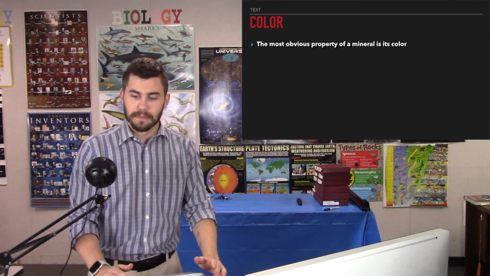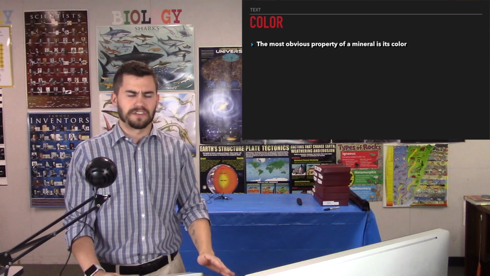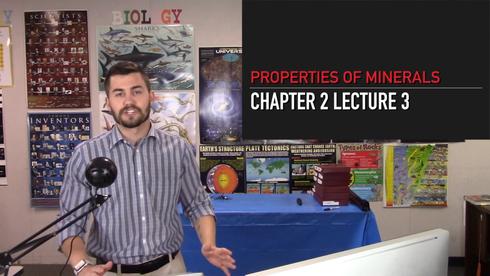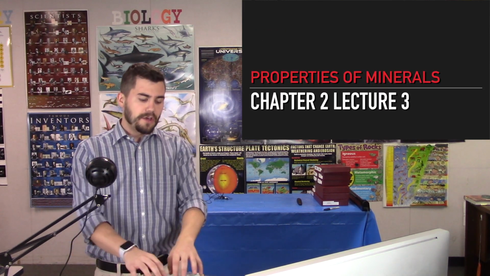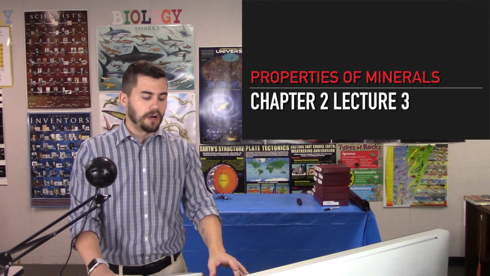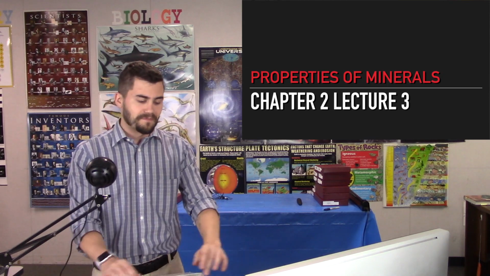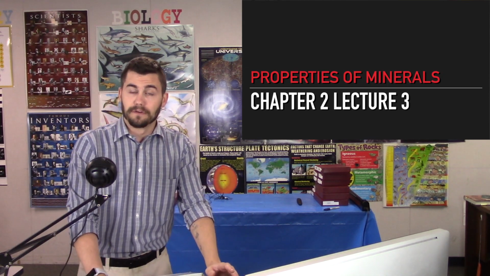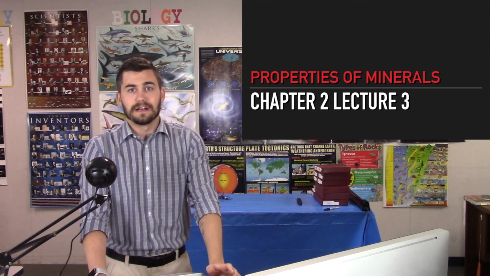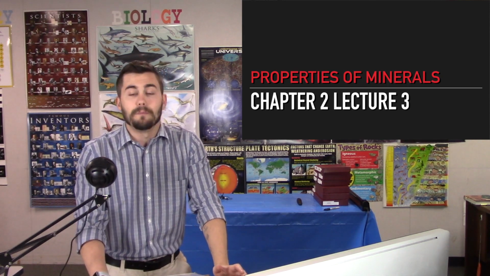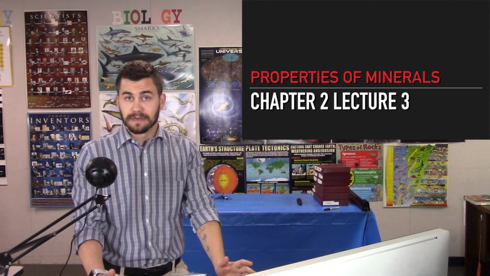So, when observing minerals, I guess what I should start off with is why should we care about the properties of minerals? Well, the properties themselves are what allow us to distinguish one mineral from the next, because there are so many different minerals, around 5,500, that so many of them look very close to each other.